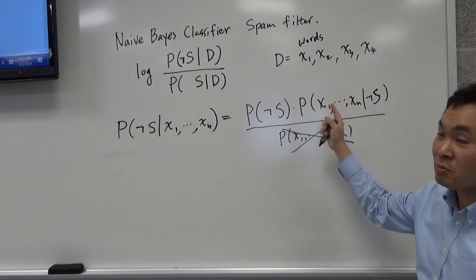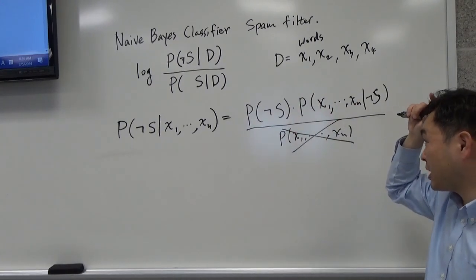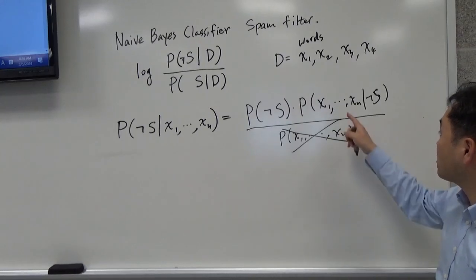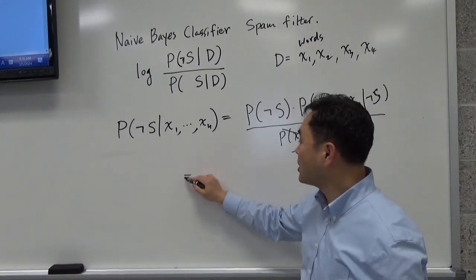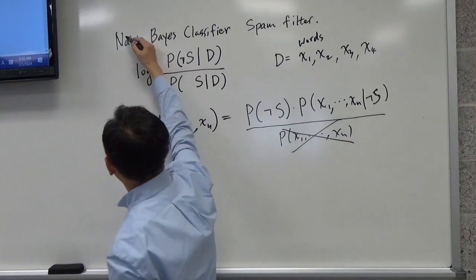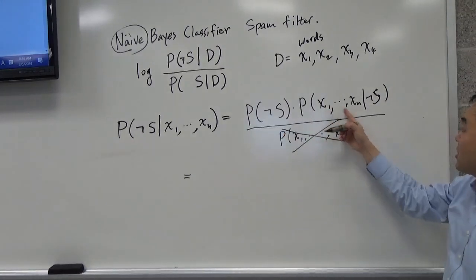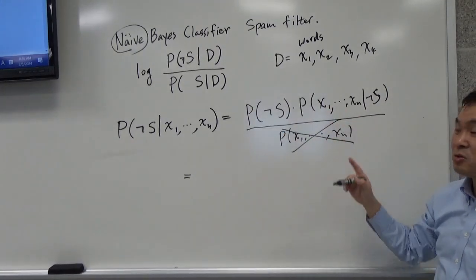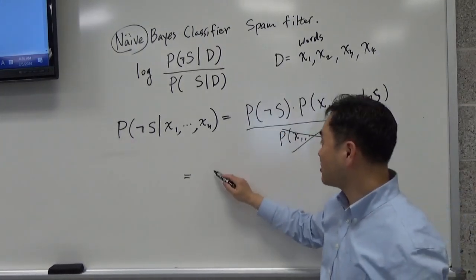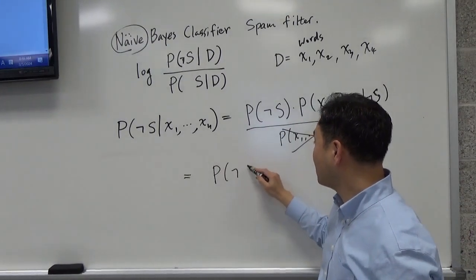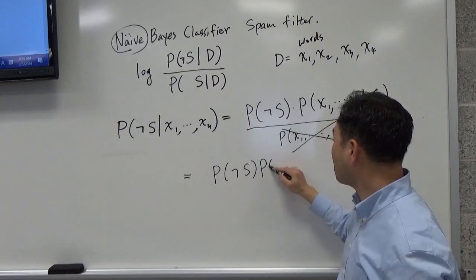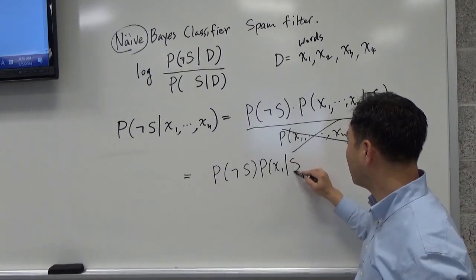So this is what we're going to compute in the code that we're going to write. And furthermore, the naive part, this being naive, means that although these are not independent events, you just treat them like independent events and assume that the probability goes like that.